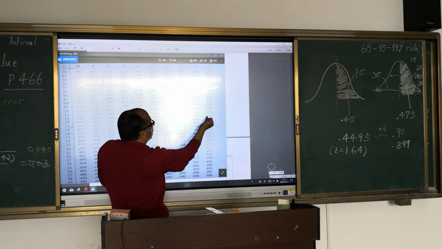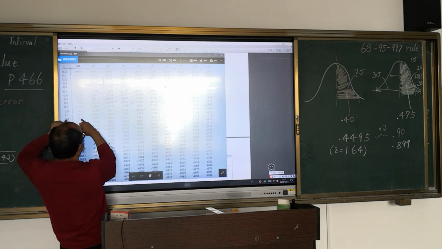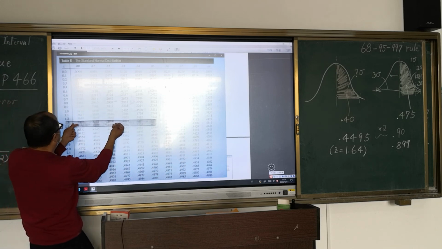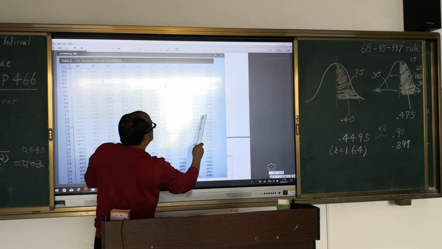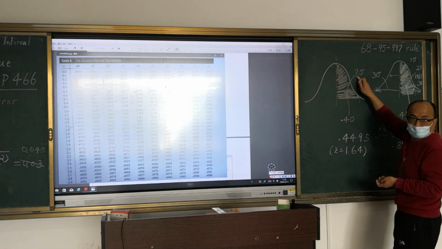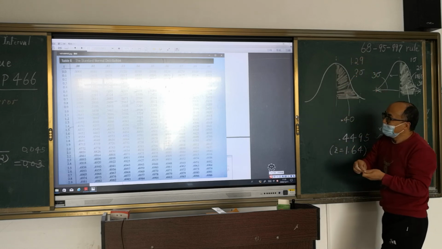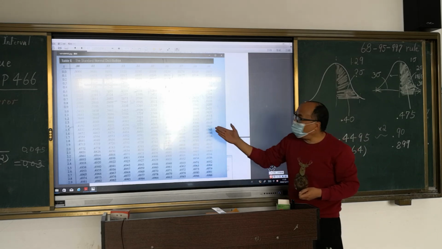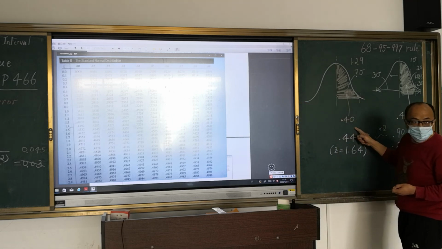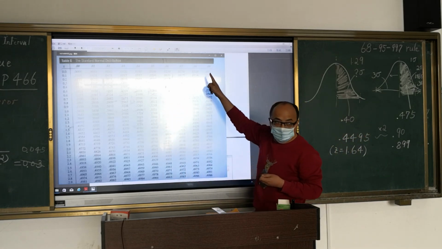So by looking at it here, it is 1.29 according to the table, because 0.4015 is close enough.